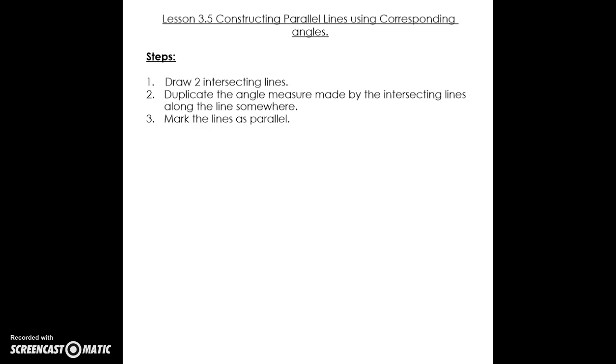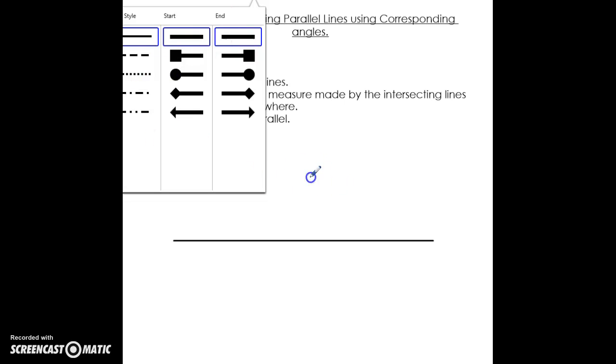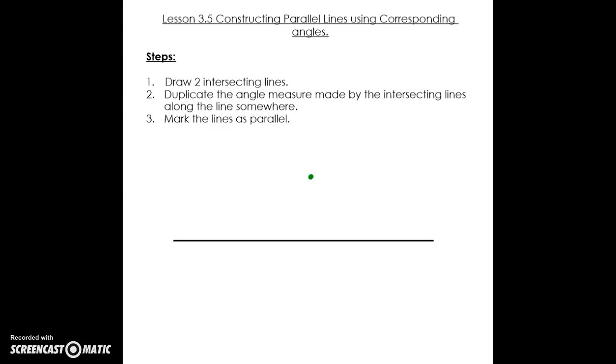Alright, another way that we can do it, let's see here. We can start with our line and our point. And then I can put in any line that I want as a transversal. And what I'm going to do is construct a duplicate angle.